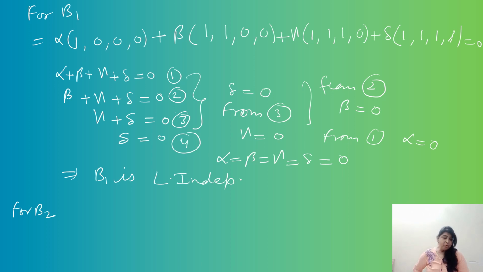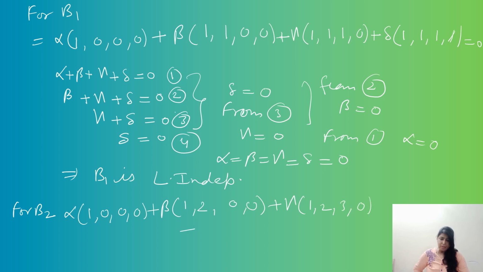So for B2, again we have alpha into (1, 0, 0, 0) plus beta into (1, 2, 0, 0) plus gamma (1, 2, 3, 0) plus delta (1, 2, 3, 4), this is equal to 0.